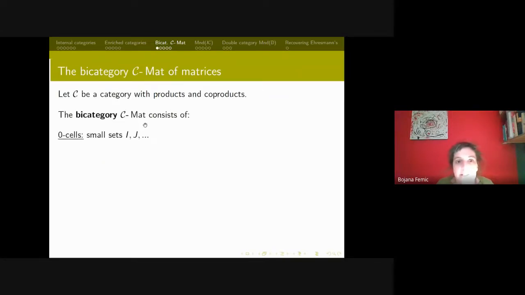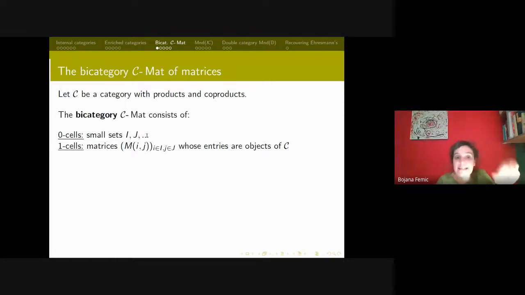And now the bicategory CMAT consists of, for zero cells, we take small sets, I, J, and so on. This small just means actually that they are really sets and not classes. One cells are matrices. So if you take two zero cells or two sets, I and J, then the cardinality of I and J will determine for me the dimension of the matrix.